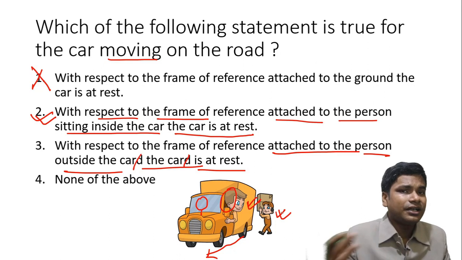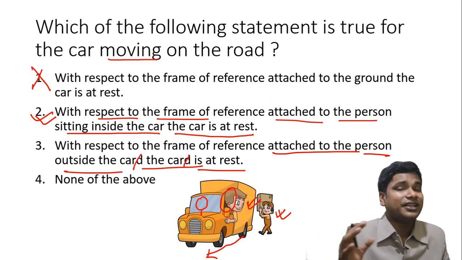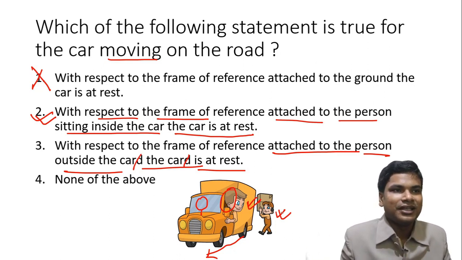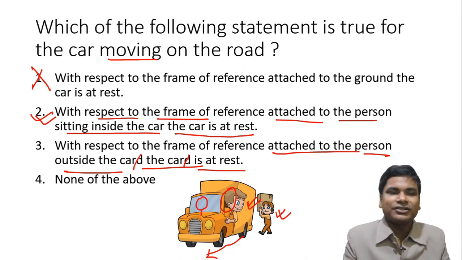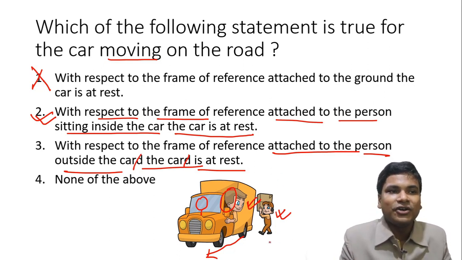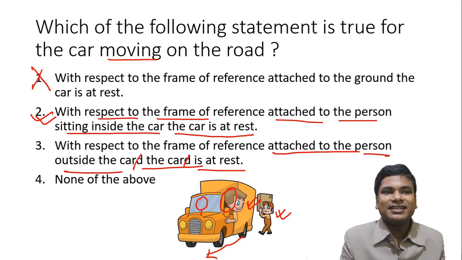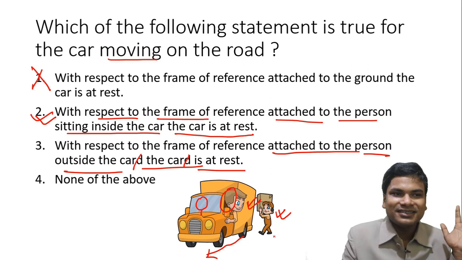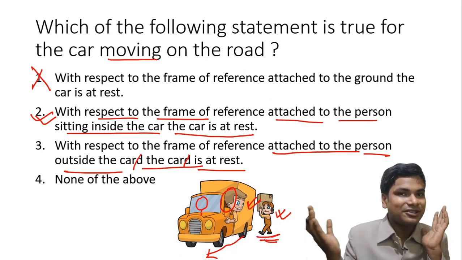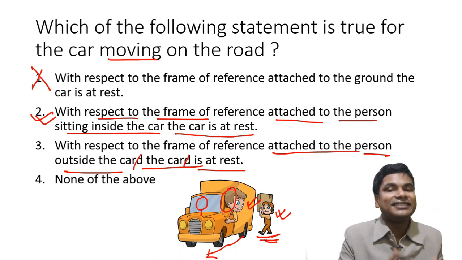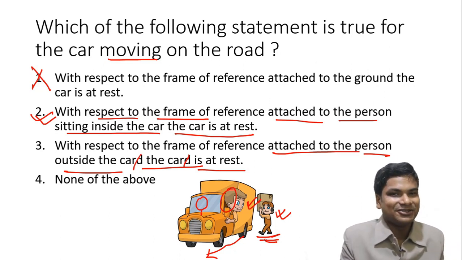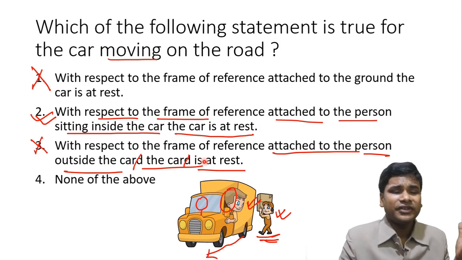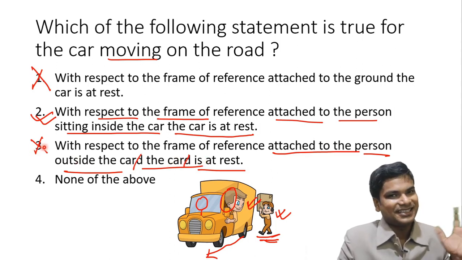So whether this is correct or not, the answer is no. The car is not at rest with respect to the person who is standing just outside that car, because the person is standing on the ground. So the ground is at rest with respect to the person. So how can this car be at rest with respect to this person?